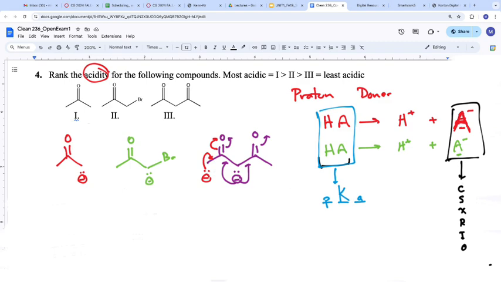Well, resonance is above induction. Resonance is more important than induction. So our ranking for this, most acidic should be 3, followed by 2, followed by 1. I didn't actually write the explanations down, but we talked through them. Ideally, if you were doing this for paper homework, that's what you would write down as well, noting those structures so you could see those things set up. Make sense?